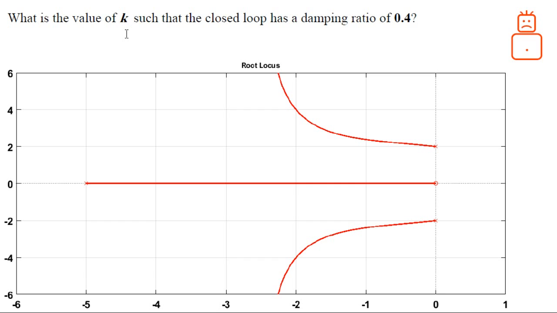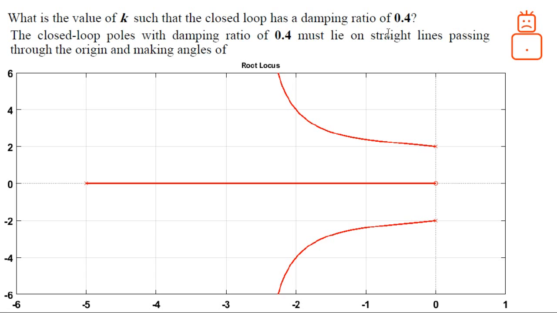So you want to know how this parameter affects the whole system when it changes from a certain value to another value. We need to know, in this particular system, what is the value of this parameter that gives a damping ratio of 0.4 for the closed loop system.